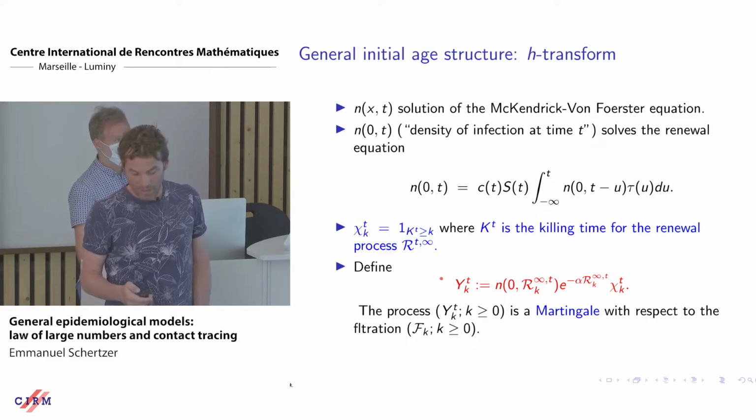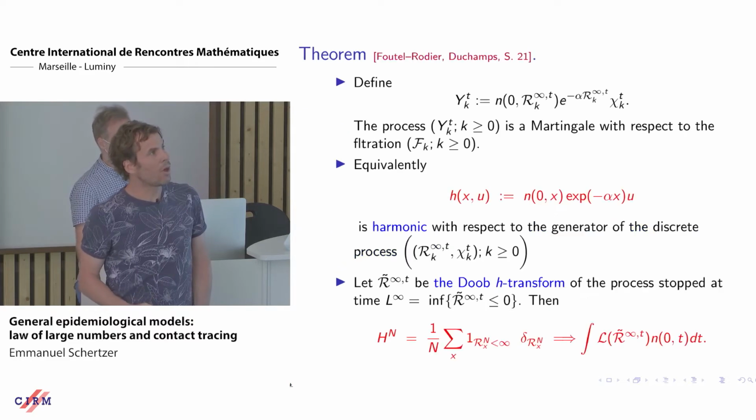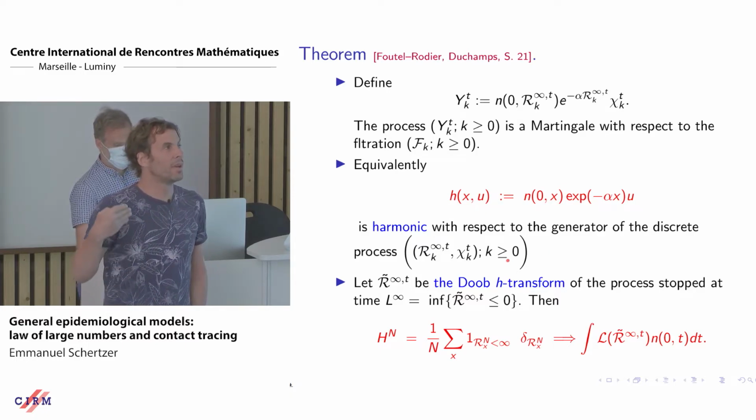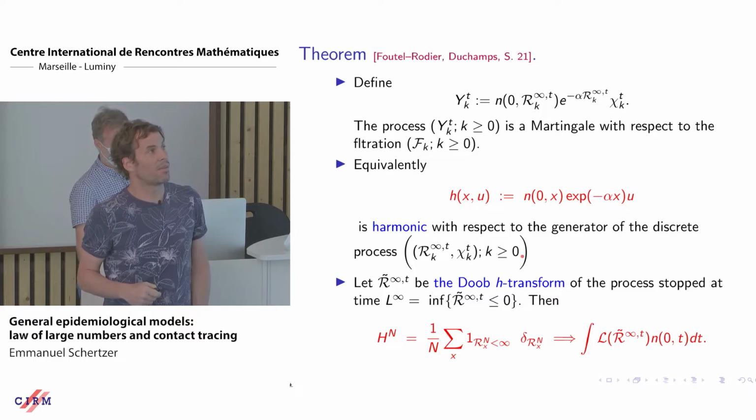It's a martingale, or another way to put it is that if you define this function of x and u, where the x variable corresponds to my renewal process and u corresponds to the indicator function that I have not been killed at time k, then this is harmonic with respect to the generator associated to those two random variables.